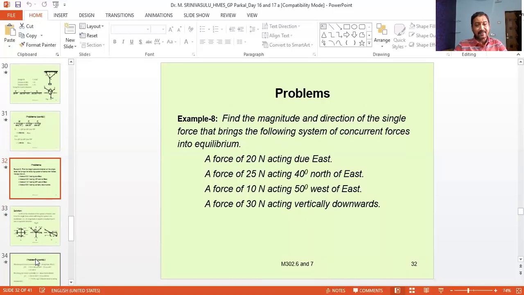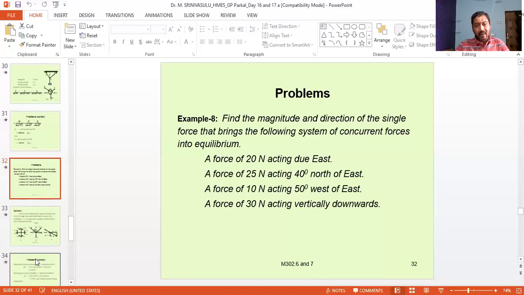We are supposed to find the equilibrant. By definition, the equilibrant is that force which will bring the system into equilibrium under the action of some forces. Here the four forces are acting on a body, and due to that they develop some resultant force.